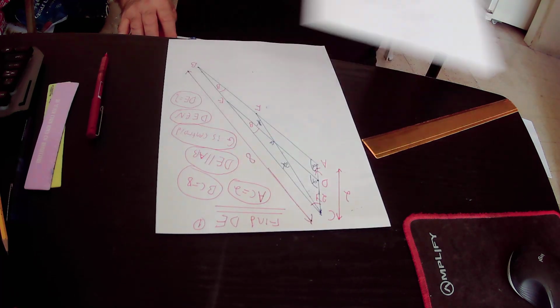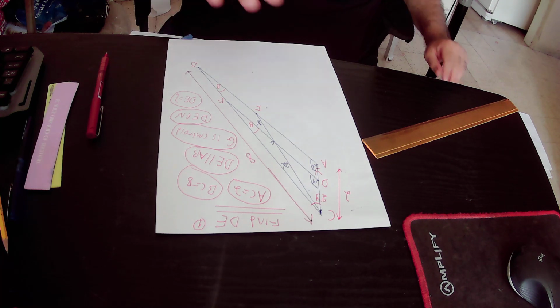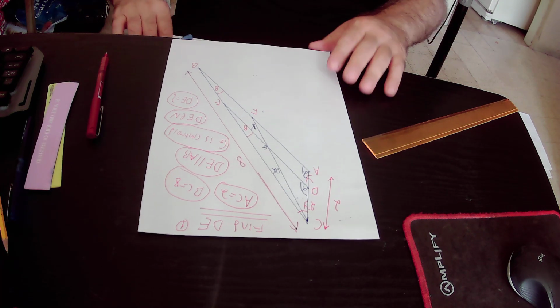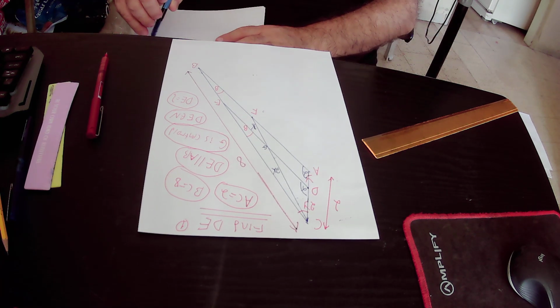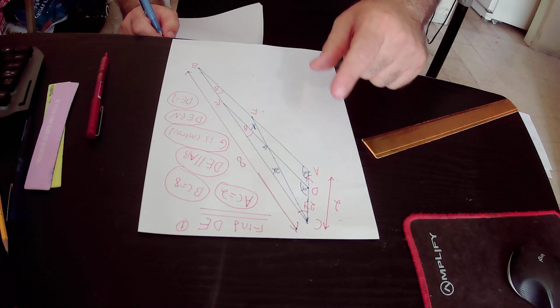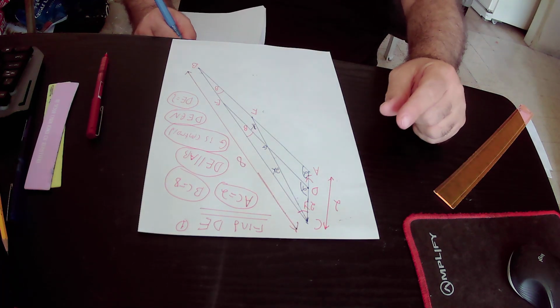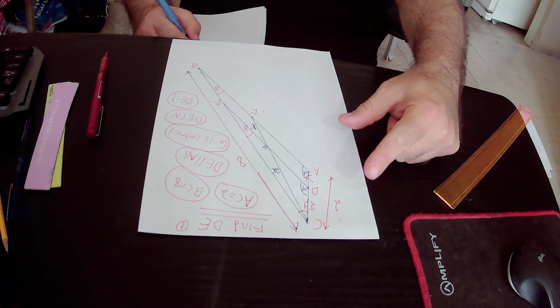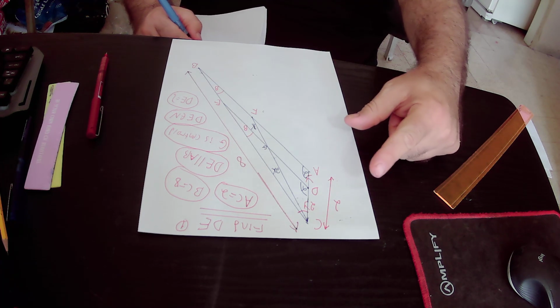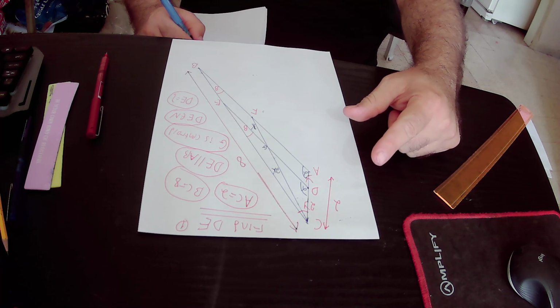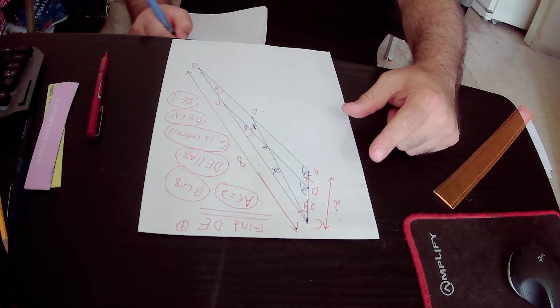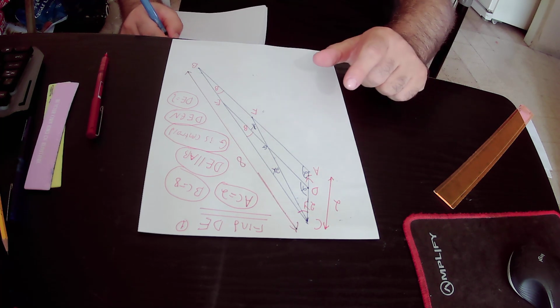So from the fact that triangle ABC is similar to triangle CDE, the following relationship exists between the sides of the two similar triangles. CD over AC, or CD over CA, will be equal to DE over AB.